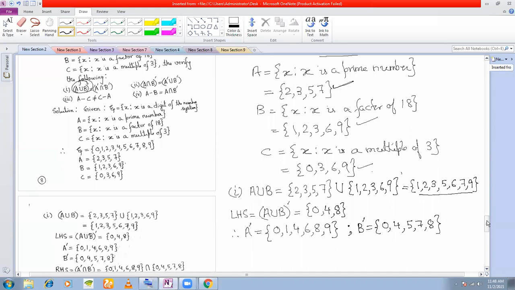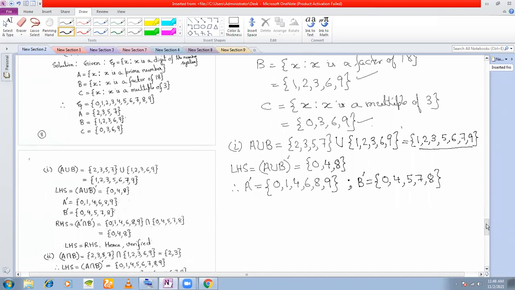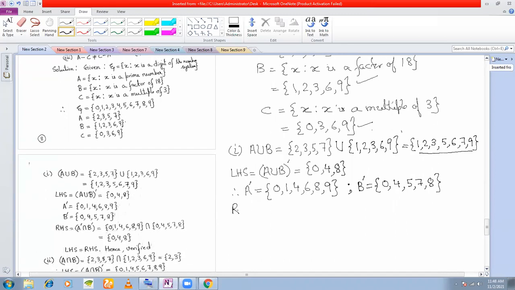These elements are not there in B. Okay, now we see that the right hand side is nothing but the intersection of A complement and B complement. Okay, so intersection of these two, you take intersection.